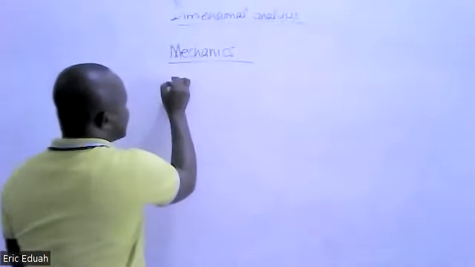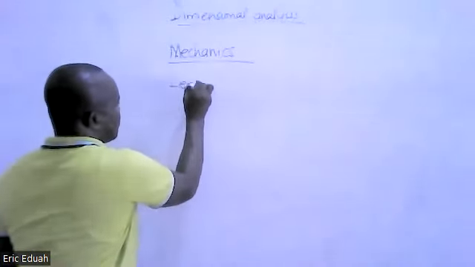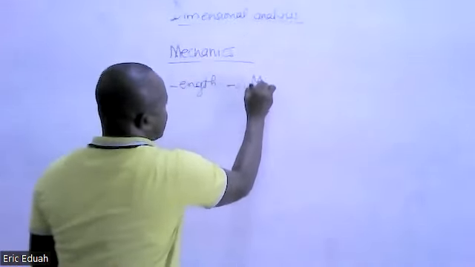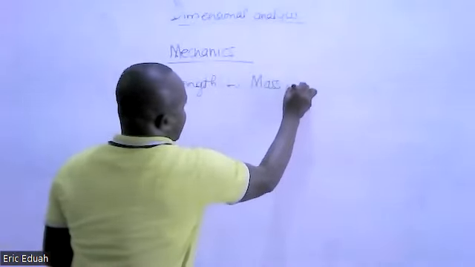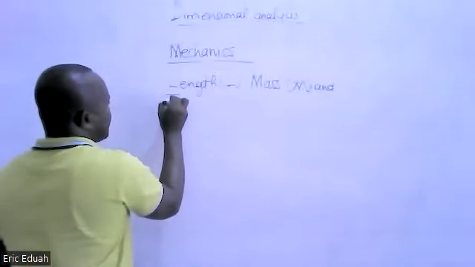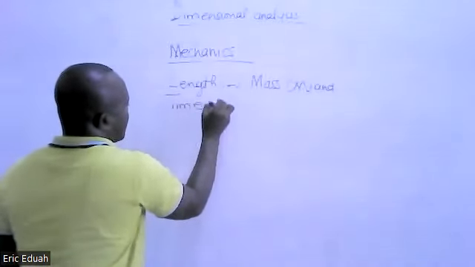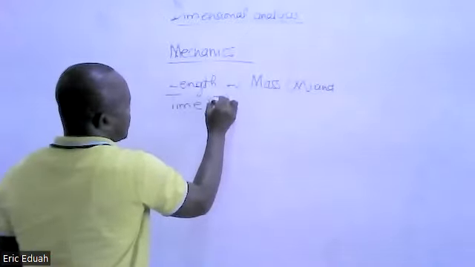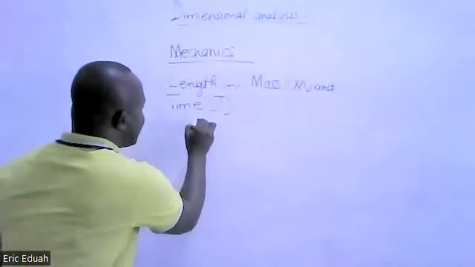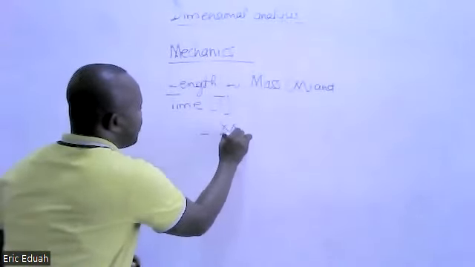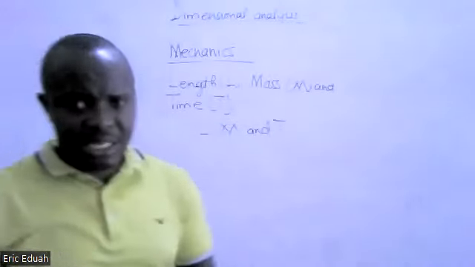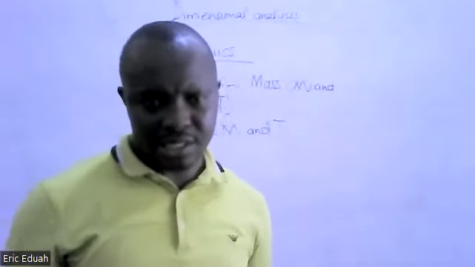In mechanics, we use the length L, mass M, and time, capital T. So under mechanics, we are always using L, M, and T to express the dimensions of quantity.